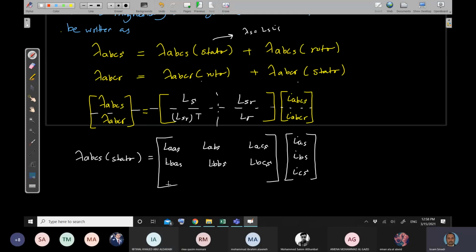The same thing here. Who can give me this one? I can call it what? LCAS, yes. So this will be the LCAS. This will be the LCBS. And finally, this will be the LCCS. Now, the diagonal here consists of the self-inductance. So those are the stator self-inductance.